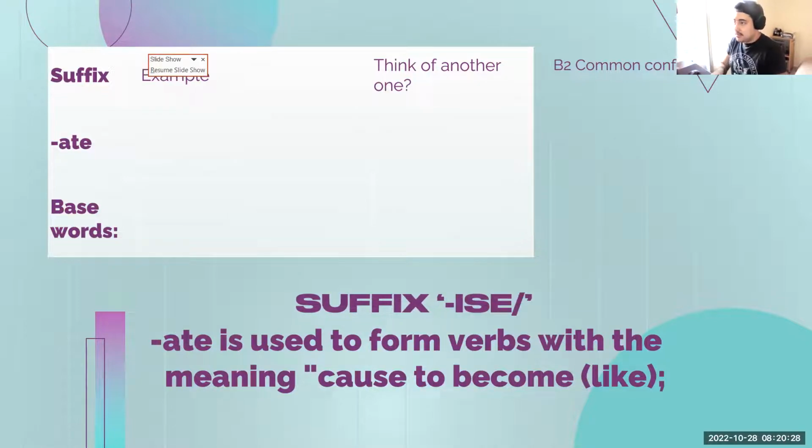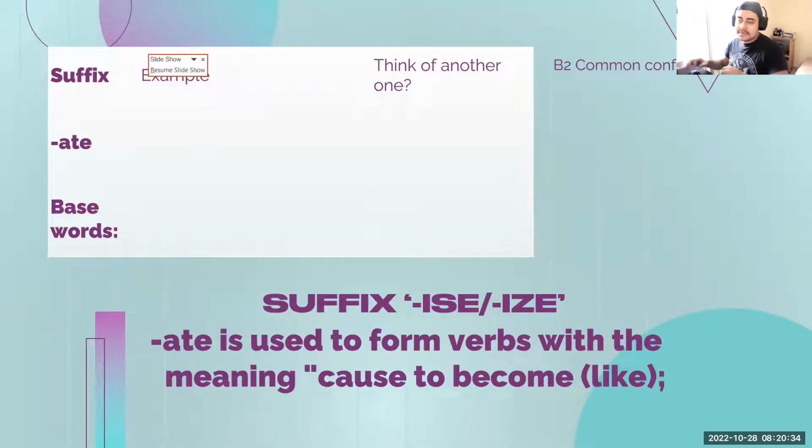Ise, or ize with Z. In this particular course, we cover both American English and British English. This is relevant because when they are writing, some of the writing rules are different, or some words are spelled differently in America than in England.